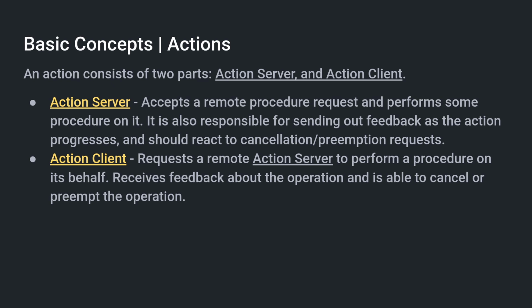Now the action client is the one who requests a remote action server to perform a procedure on its behalf, and it receives feedback about the operation from the action server and is able to cancel or preempt the operation.